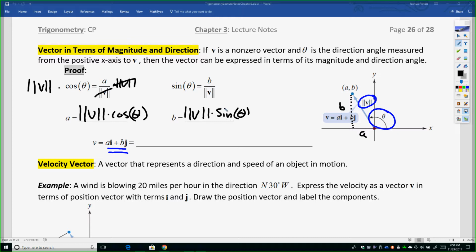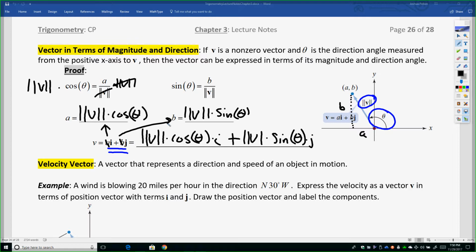So we can take our original formula and swap out the A and the B for the magnitude times the trig function. A becomes the magnitude times cosine of theta for i, plus the magnitude times the sine for j. So we replaced A and B with these A's and B's. That's essentially what we did.